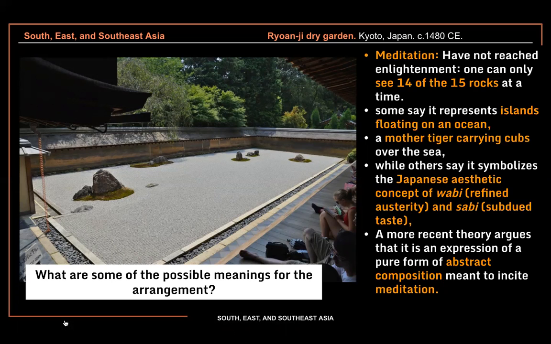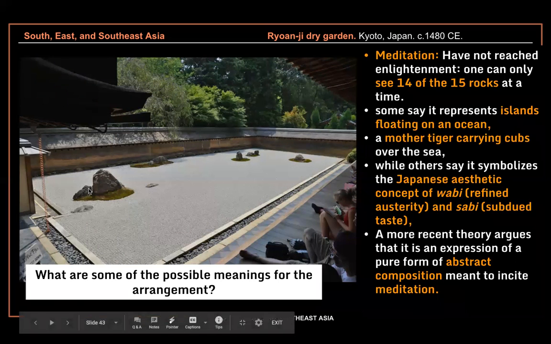Some also think that it represents islands floating in an ocean, which is probably pretty more obvious visually. Some people believe that it's a mother tiger carrying their cubs across the sea. So the larger one would obviously be the mother.